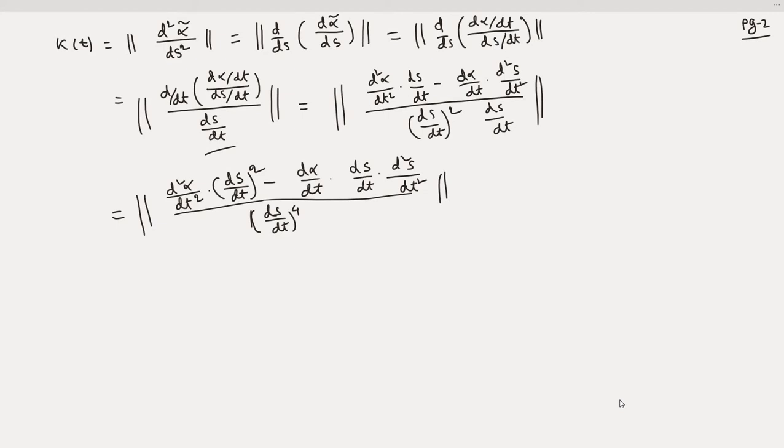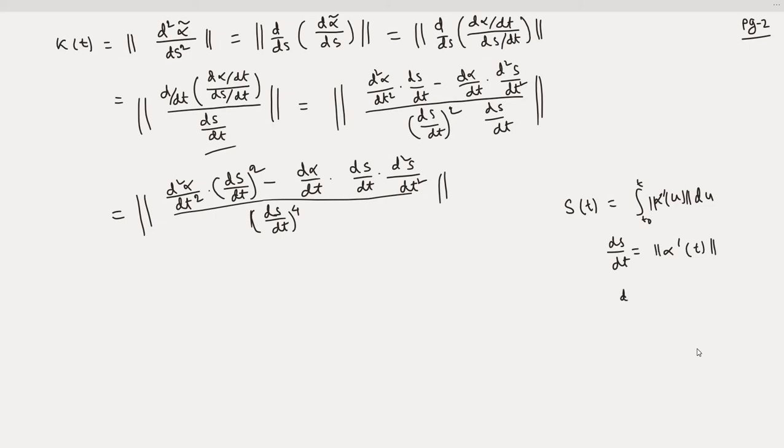Now recall, what is s of t? It is the integral of the norm of alpha prime of u from some base point t naught to t. So by the fundamental theorem of calculus, ds/dt equals the norm of alpha prime of t.